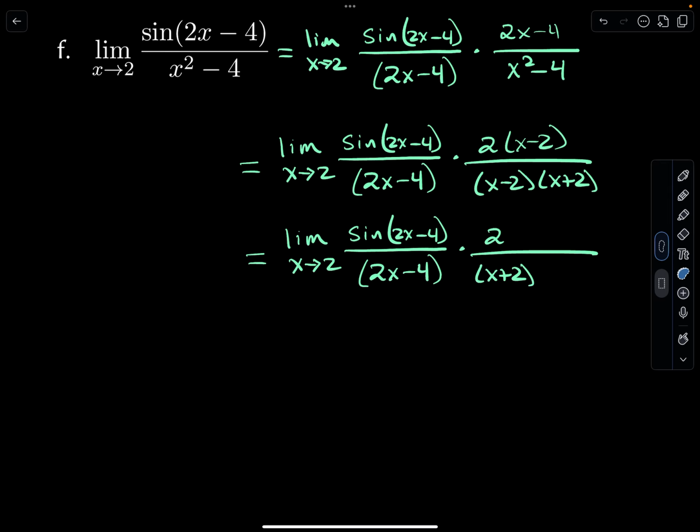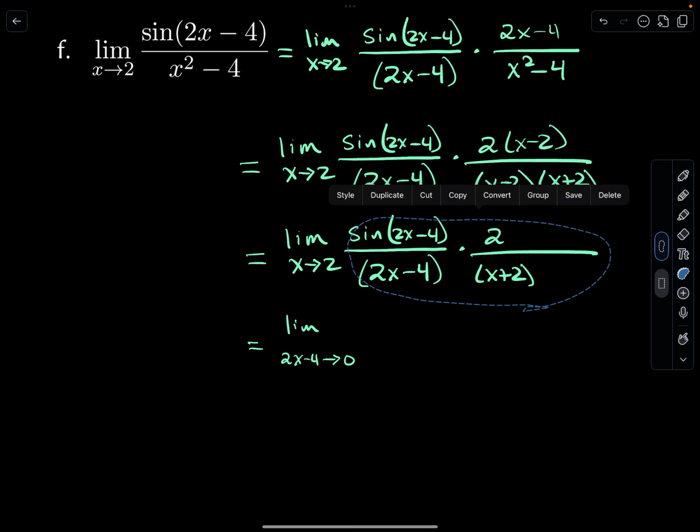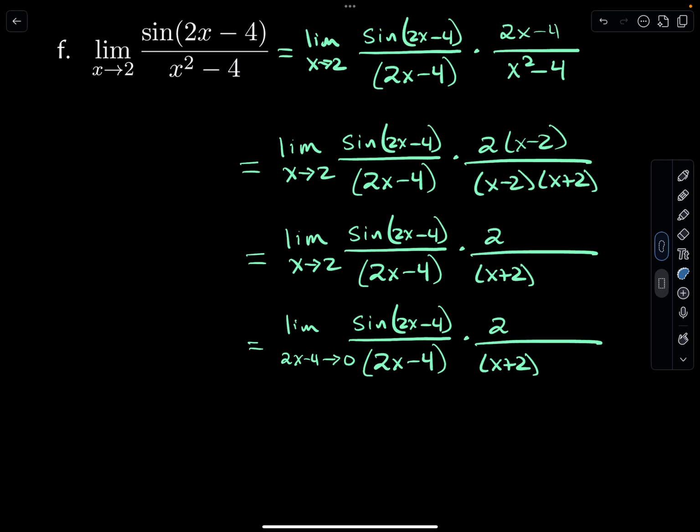Okay, now I can actually do my limit. If you're worried, you could always rewrite this like this, the limit as 2x minus 4 approaches 0. It's the same thing because as x approaches 2, 2x minus 4 is approaching 0, but that might help some of you sort these things out. So let's just copy that down here.